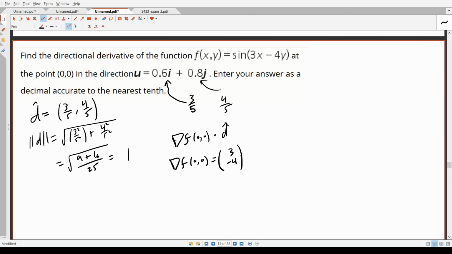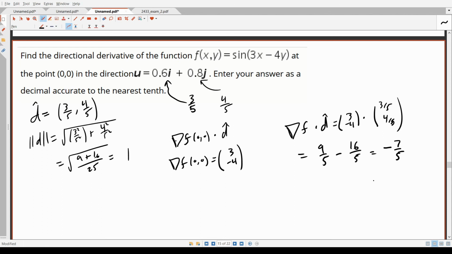And we want to do the directional derivative of this in this direction, so gradient of f dot d hat is going to be 3 minus 4 dot 3/5, 4/5, which is equal to 9/5 minus 16/5. So if I do the subtraction, that's going to give me what? Minus 7 over 5.